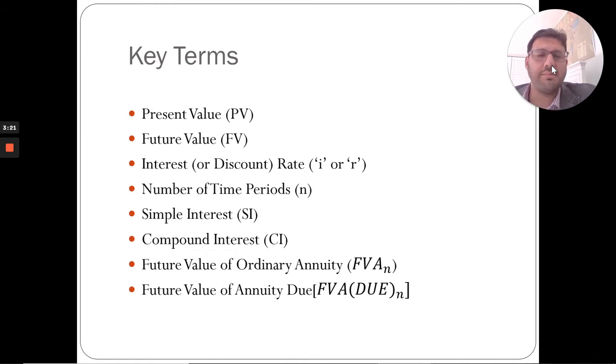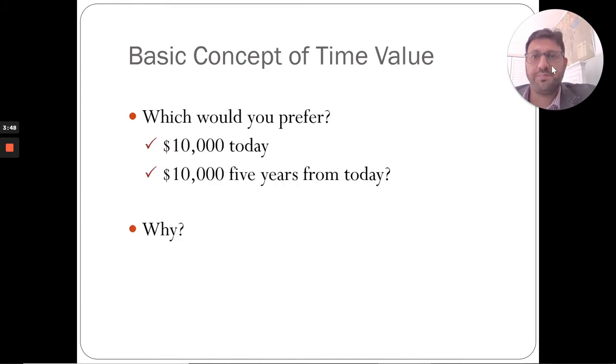Most of the time businesses engage in ordinary annuities, where they need to pay an equal amount at the end of the particular time period. The time period can be anything: 1 month, 6 months, or a year. The other one is the annuity due, where the payments are made at the start or beginning of the period, rather than at the end.